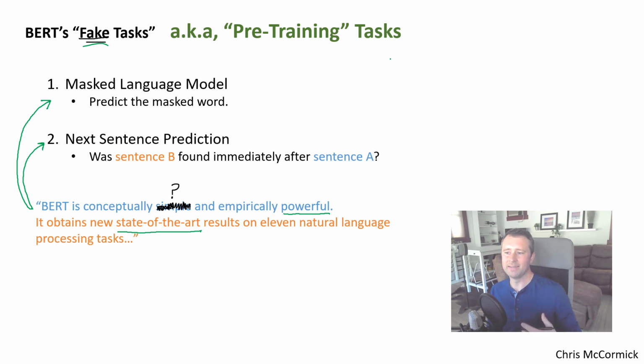So the idea is that the model is trained on these tasks, but then we actually cut out the part of the model that deals with these tasks, and we replace it with our own application that does something useful, and we reuse all of the pre-training knowledge that the model has. So even with that clarification, I think these pre-training tasks are a little funky. So I think it helps to think about what makes a good pre-training task.